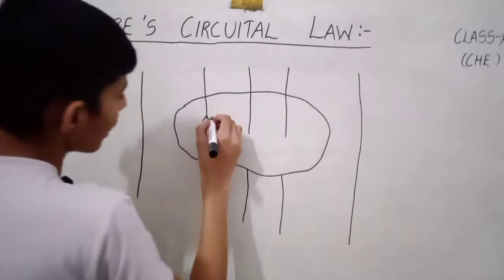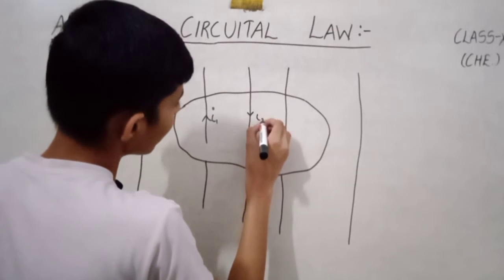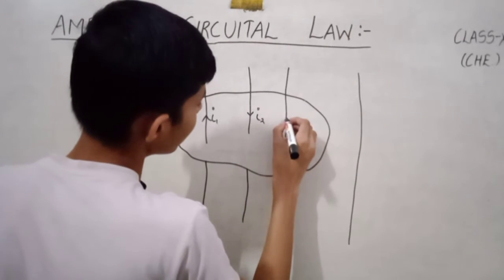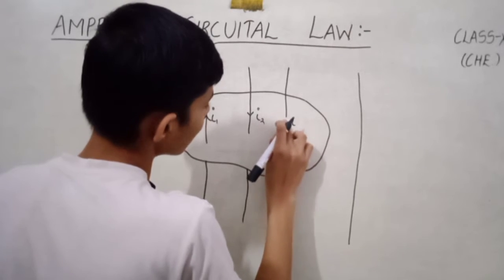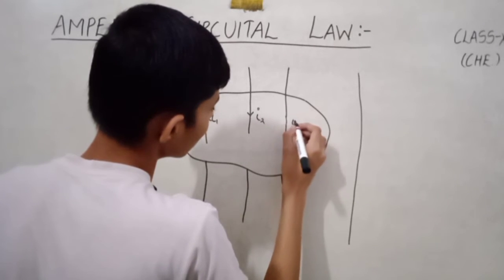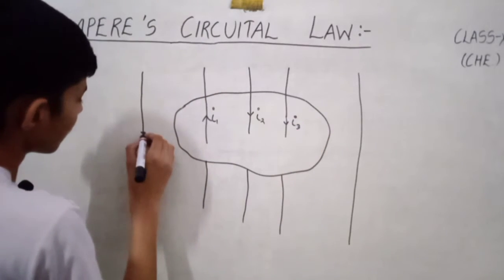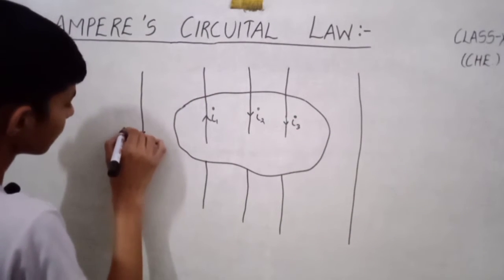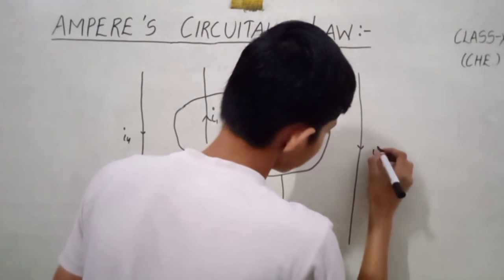In the first wire, current I1 is flowing. In the second, current I2 is flowing, and in the third, current I3 is flowing. Here, current I4 is flowing, and through this wire, current I5 is flowing.